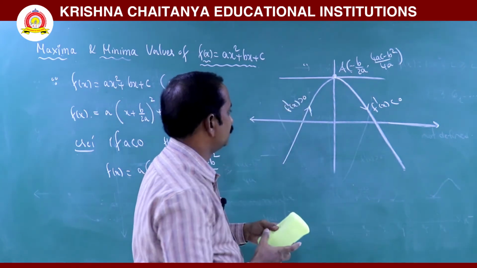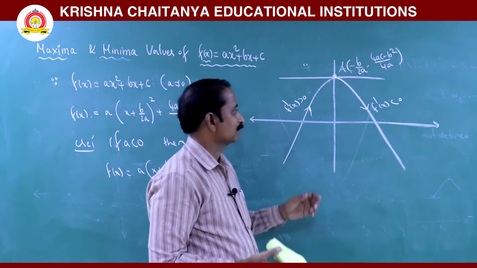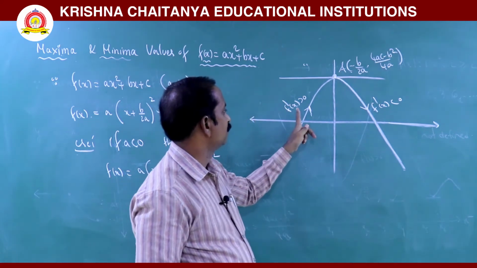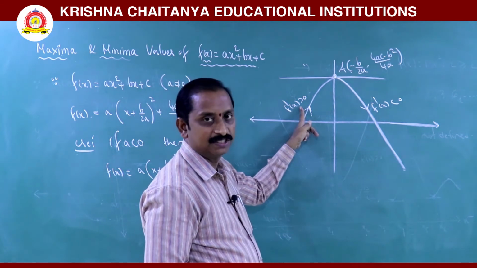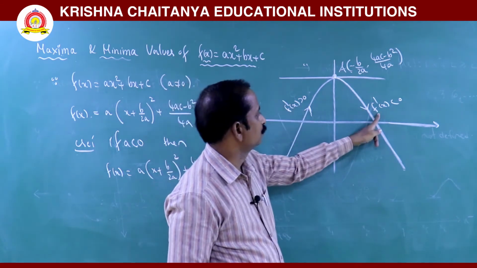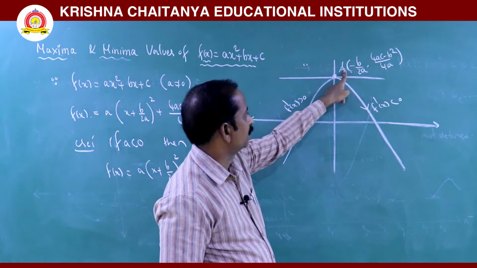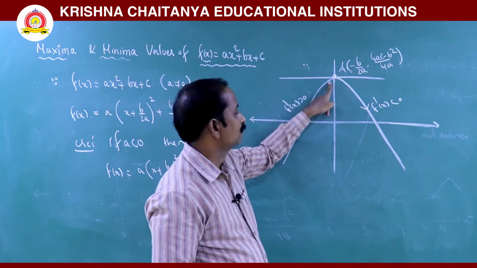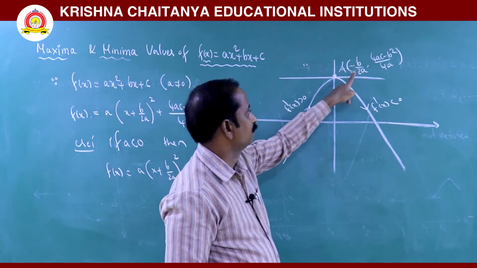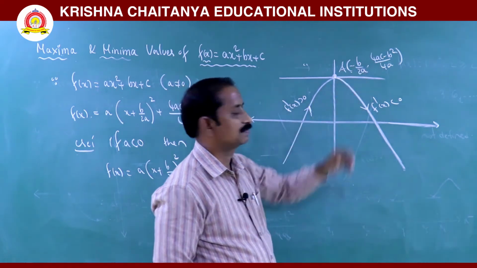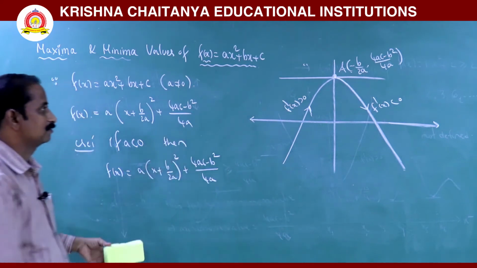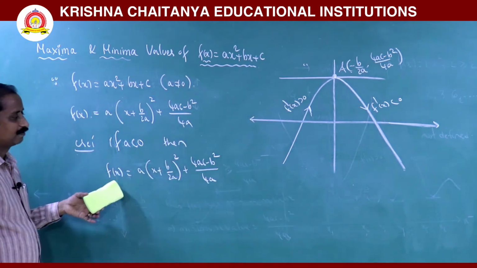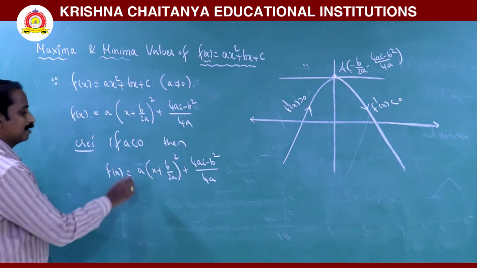Already we know that theorem: when f'(x) changes from positive to negative, the function has a maximum value at that point. So it has its maximum value at x equal to −b/2a. Let us observe the graph of f(x) with a negative.